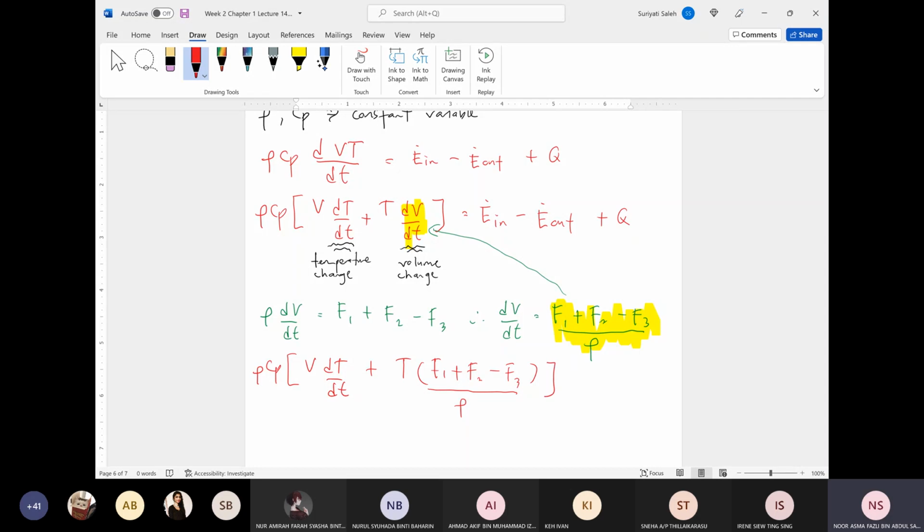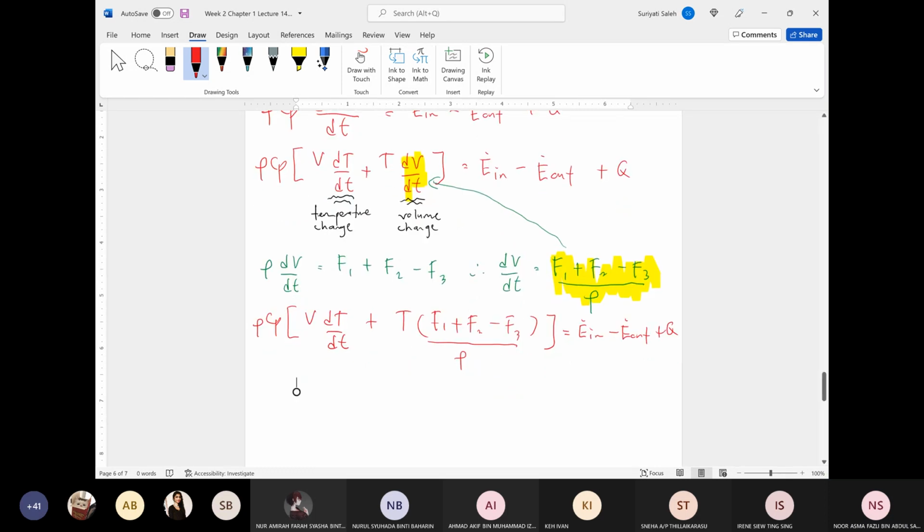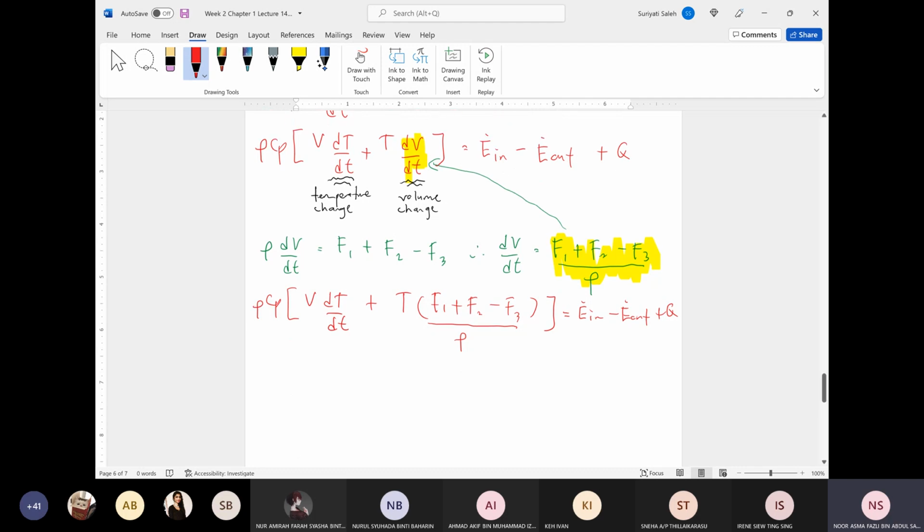So this is the left-hand side of the equation, equal to E dot in minus E dot out plus Q. Right now, we already complete the left-hand side of our equation. All has been substituted. The next step may involve the expansion, so we can try to expand our equation.